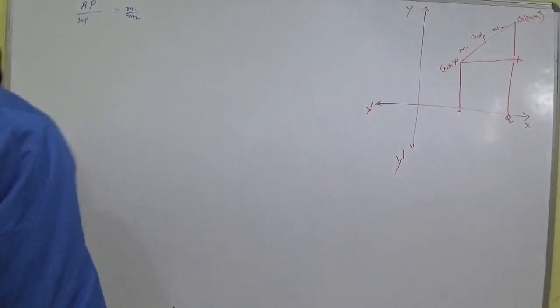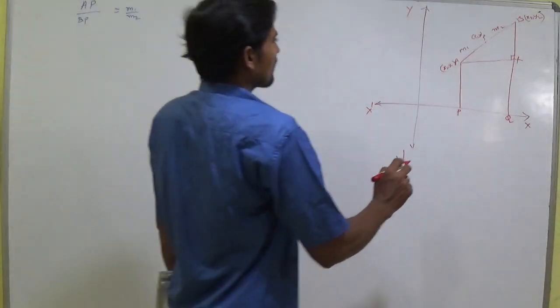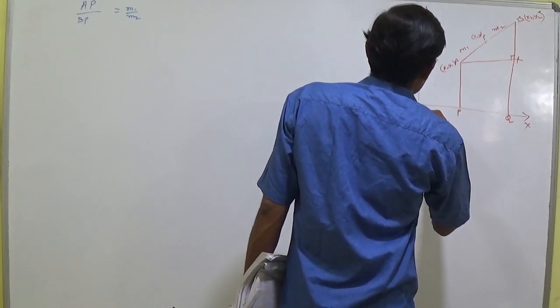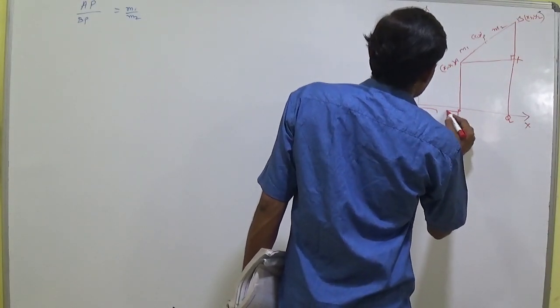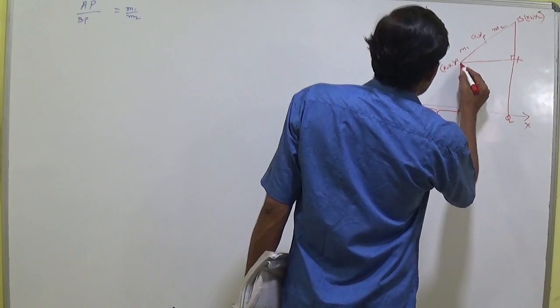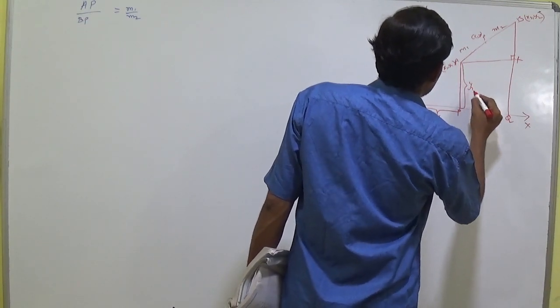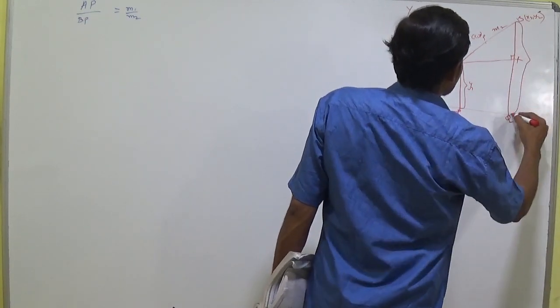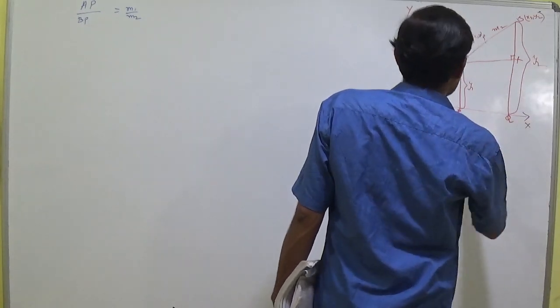Let us denote up to here this is x1 and this is y1, and totally this is y2.